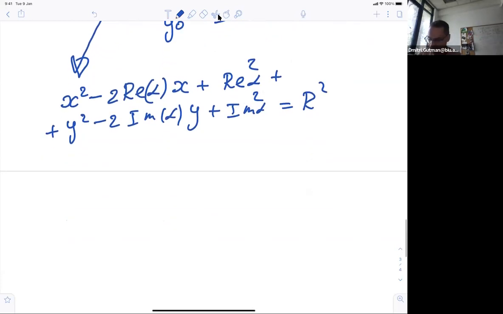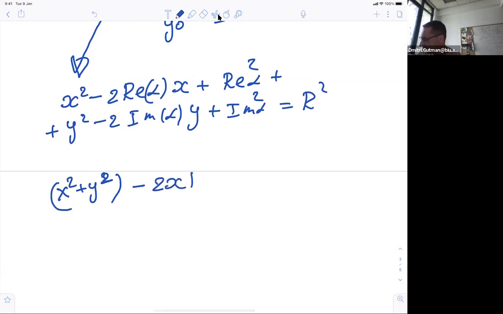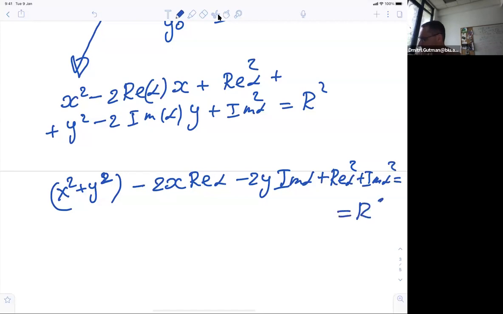And now I combine it together, so I write x squared plus y squared minus 2x real alpha minus 2y imaginary alpha plus real alpha squared plus imaginary alpha squared is equal to r squared.